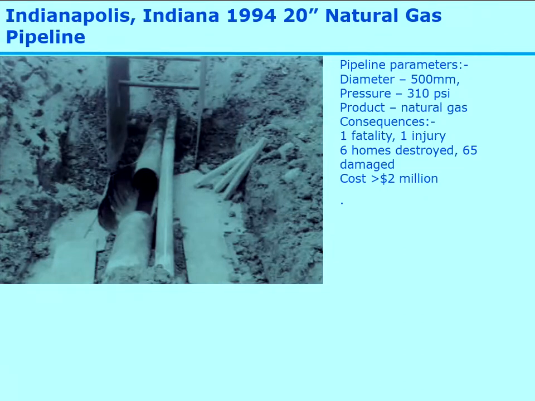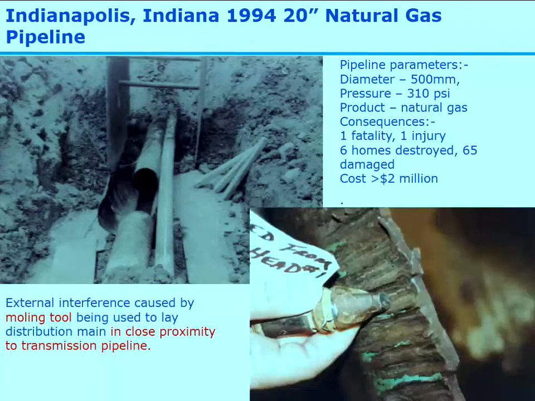It was damaged by a moling tool, and it failed when it was being gassed up again, and you can see the rupture which occurred. So use of no-dig technology in pipeline construction is a source of damage to existing pipelines, so you need to be very careful that you do understand where things like moles are being deployed.